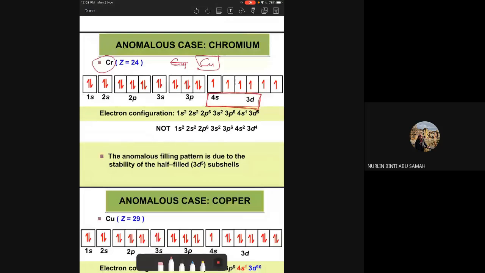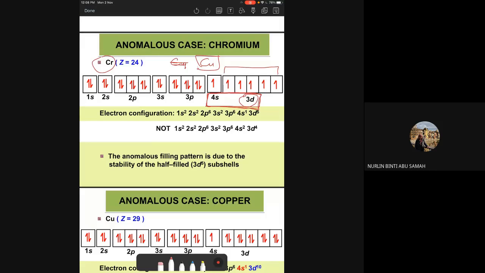Yang tu kamu kena take note: kamu isi dulu 4S baru 3D. Tapi in this case, kamu akan isi dulu 3D baru 4S. Kamu akan isi yang half dulu, half filled of electron orbital D, 3D, and then baru isi kepada 4S.